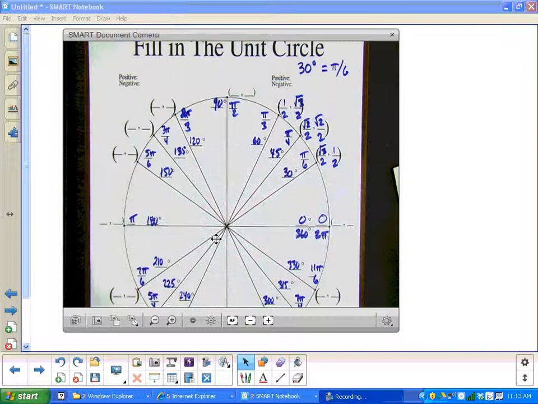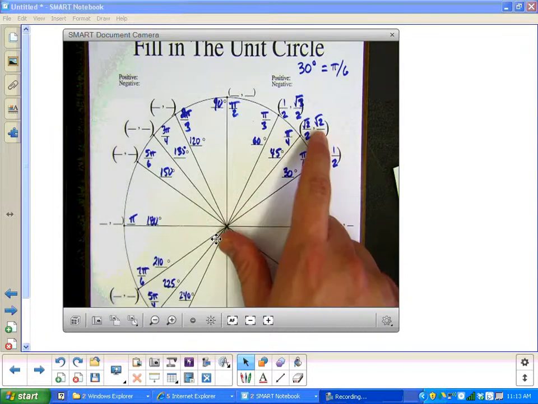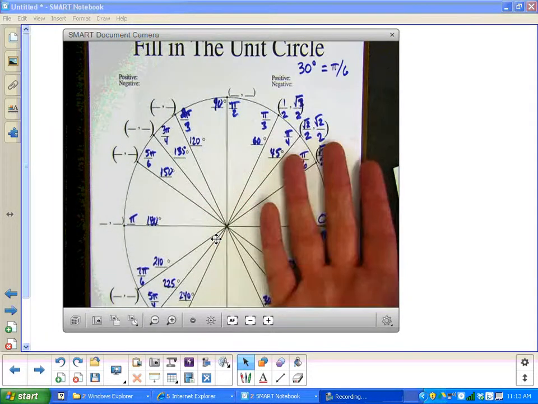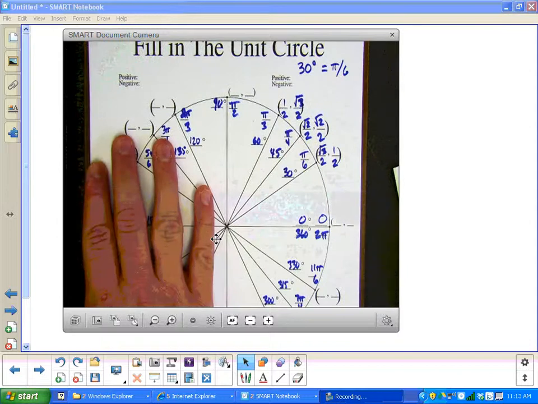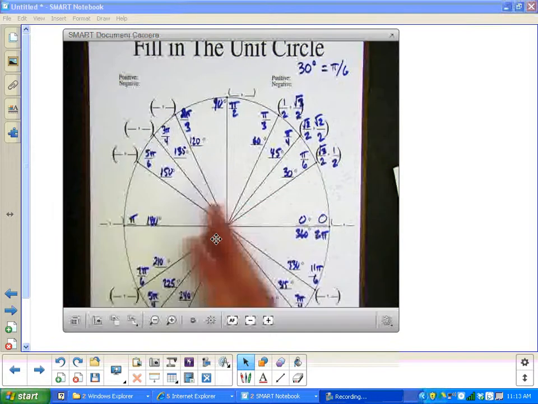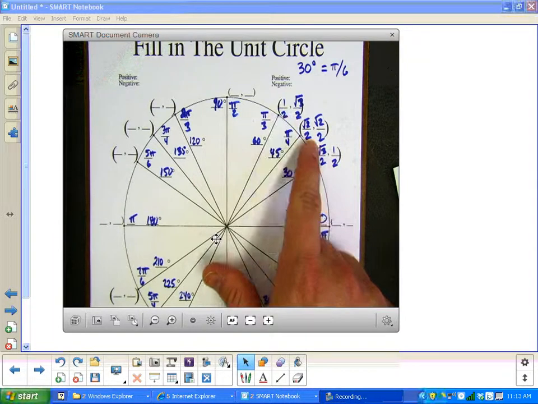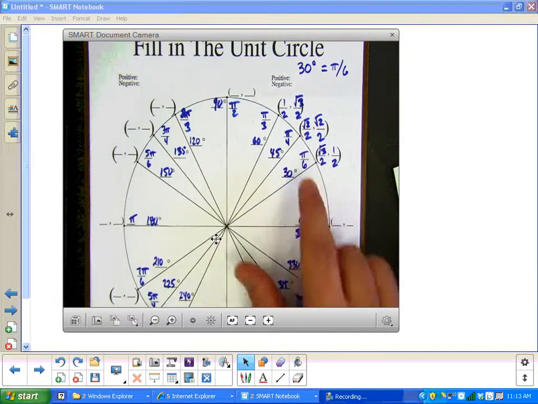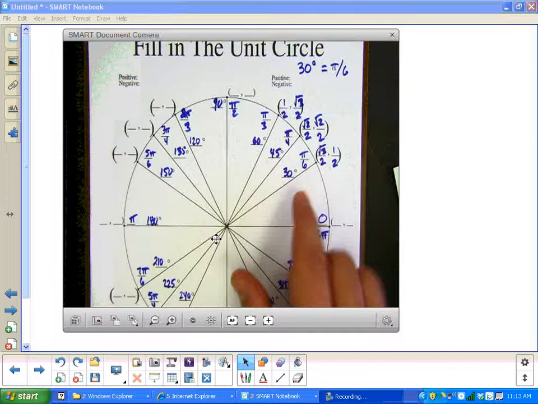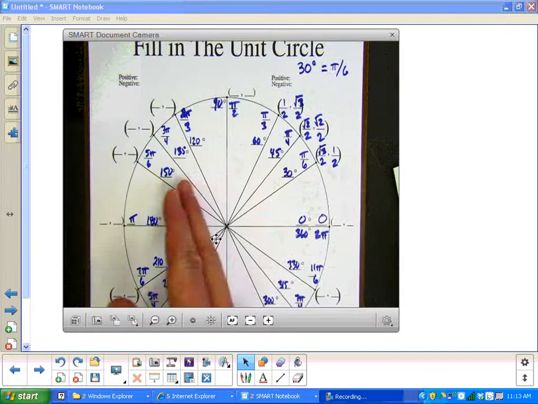Okay. So here's what's going to happen. We're going to take these points and we're going to reflect them across the y-axis. And so when I reflect across the y-axis, the negatives or the x's will be negatives. Okay. So 30 degrees would reflect on top of what angle? 150. Okay.